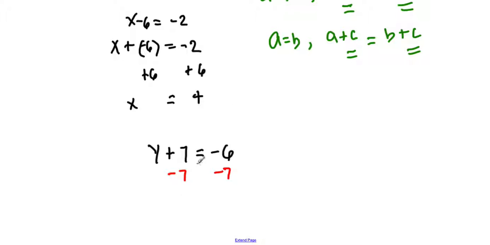Okay, and we end up with y equals negative 6 minus 7, which is the same as negative 6 plus negative 7. So this is the same as negative 13. So y equals negative 13.